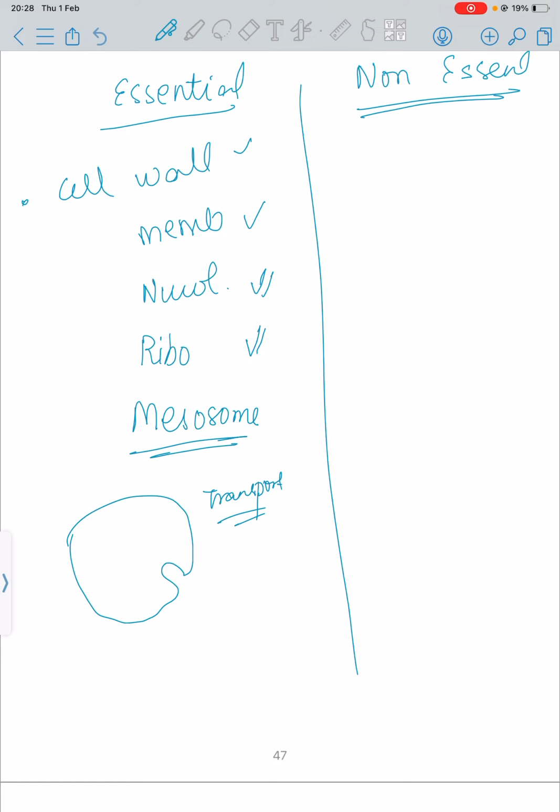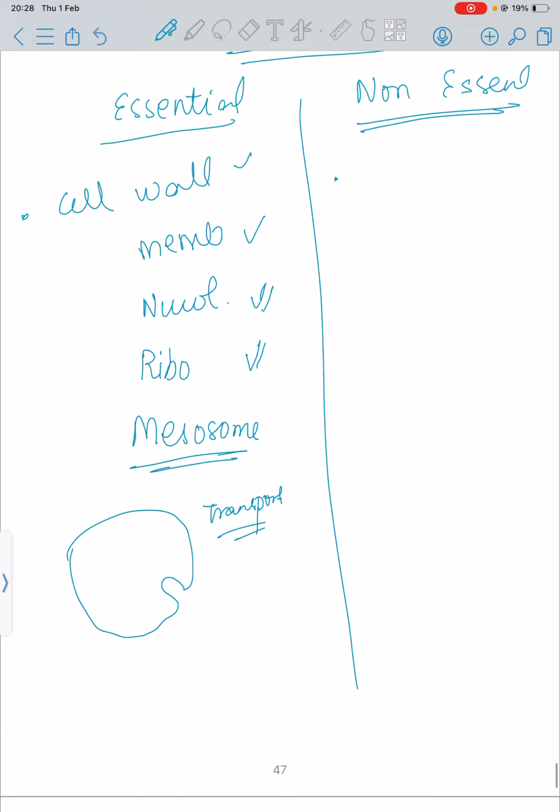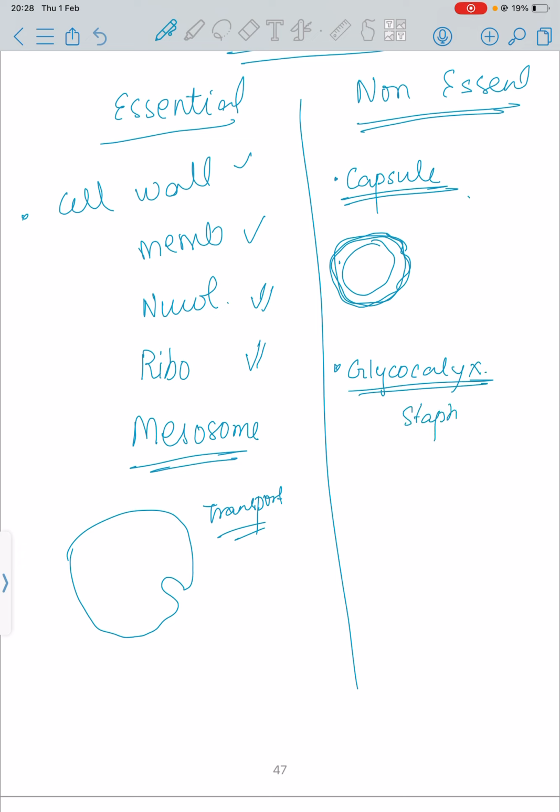Then non-essential structures, if I may list, are capsule. Yesterday I discussed capsules. Capsules are basically definite structures like this. And then there can also be glycocalyx. Staph epidermidis is a very good example. About capsules, I said all those organisms affecting the brain and lungs: for lungs, Streptococcus pneumoniae; Streptococcus pyogenes for throat; Haemophilus influenzae; and for brain, Neisseria meningitidis.